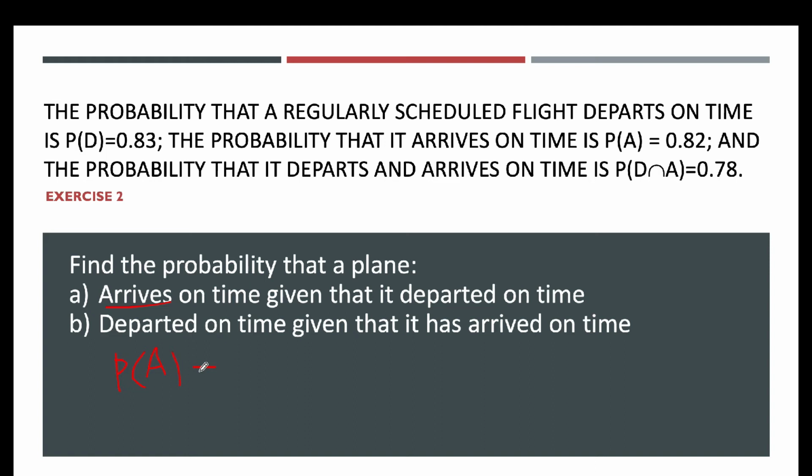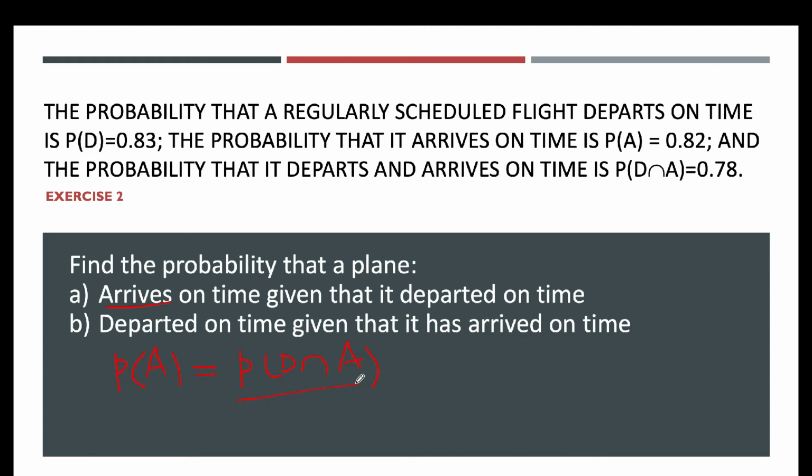So P(A given D) equals, over here we have P(D intersect A), divided by, what did I mention just now?